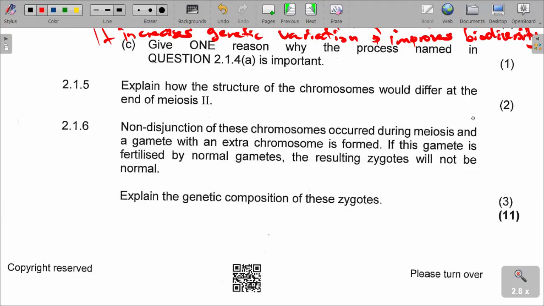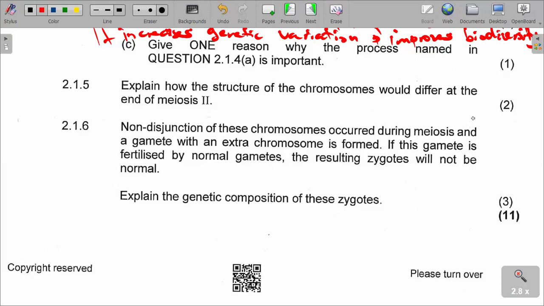Explain how the structure of the chromosome would differ at the end of meiosis. What happens is that at the end of meiosis 2, the sister chromatids separate.